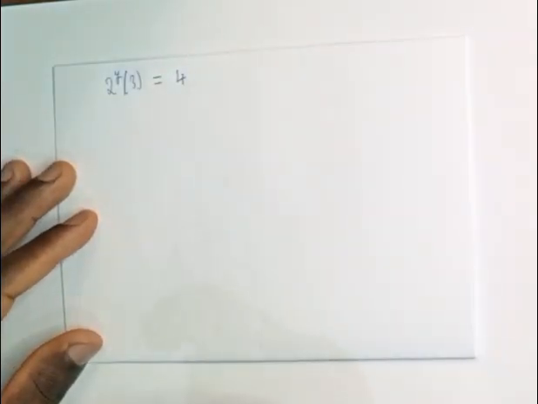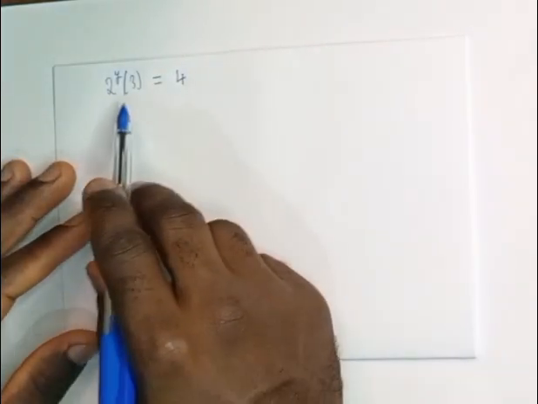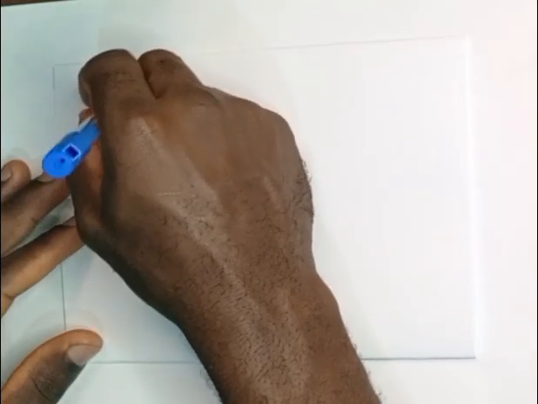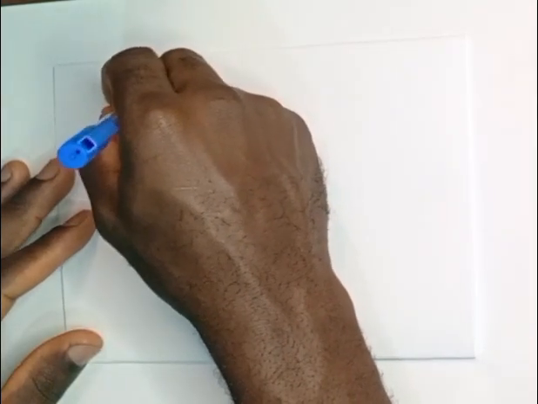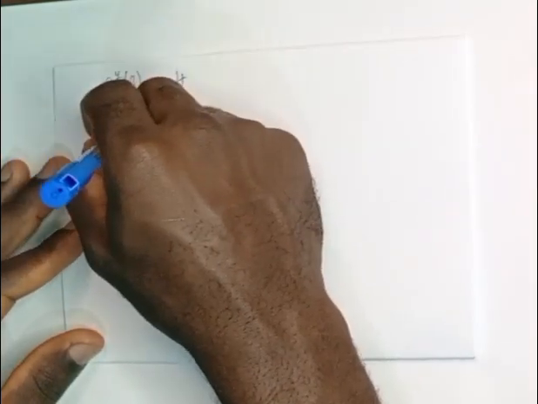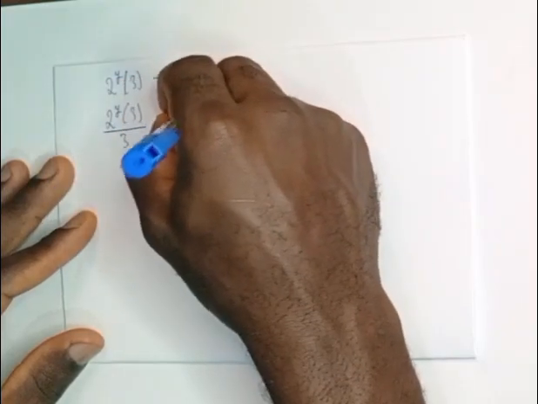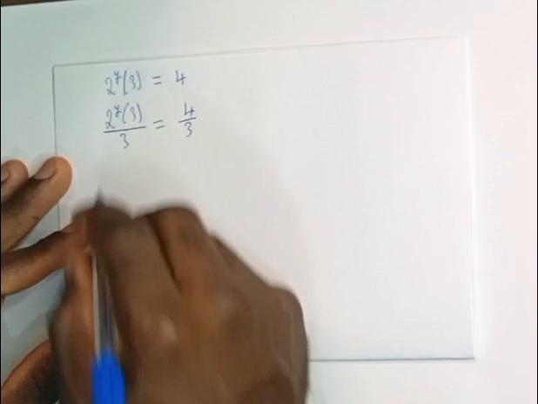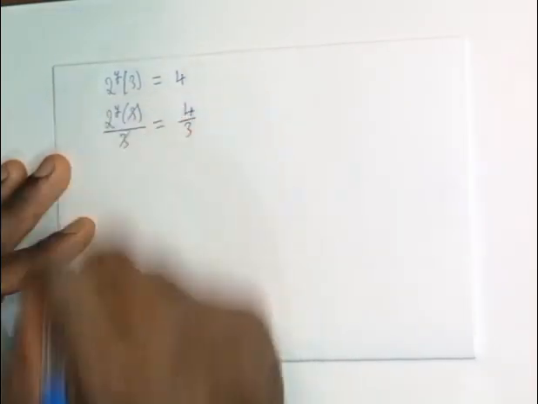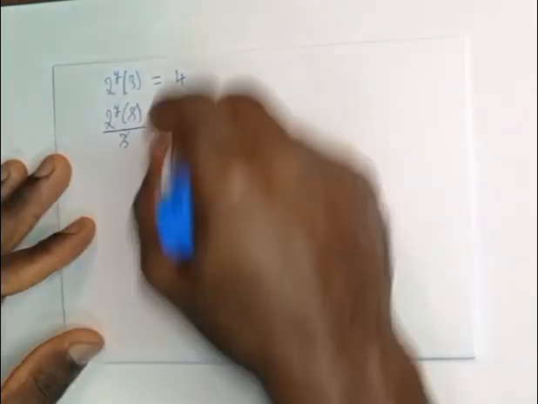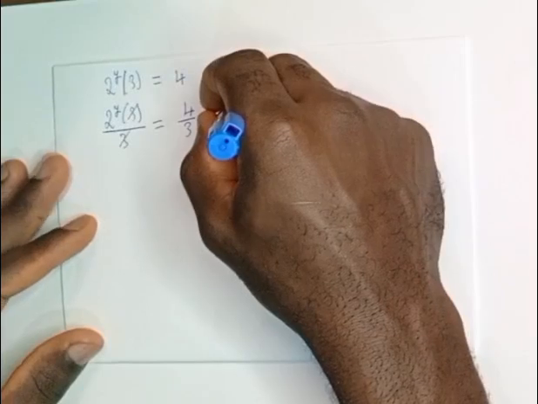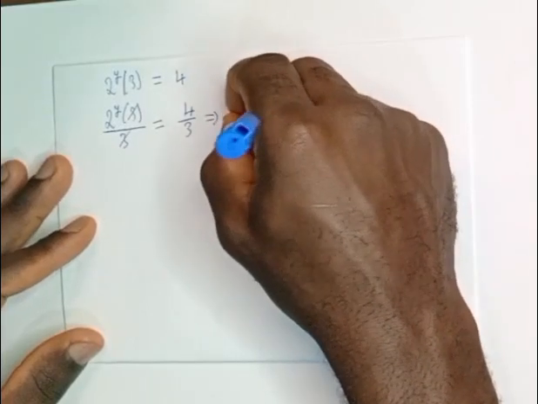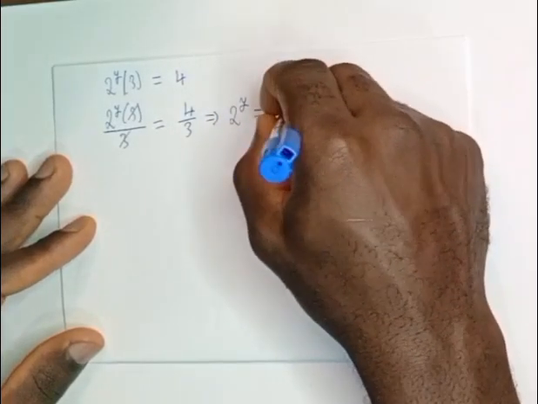Next step, we are going to divide both sides by the constant 3. This will give us 2 raised to the power y times 3 divided by 3 is equal to 4 divided by 3. At the left hand side, 3 will strike off 3. Then we'll be left with 2 raised to the power y is equal to 4 on 3.